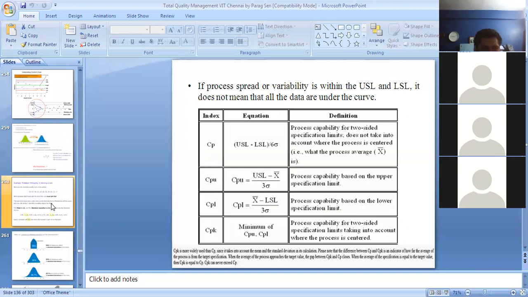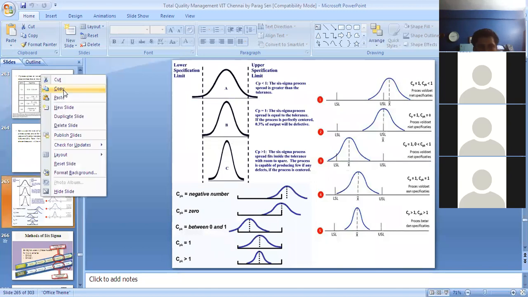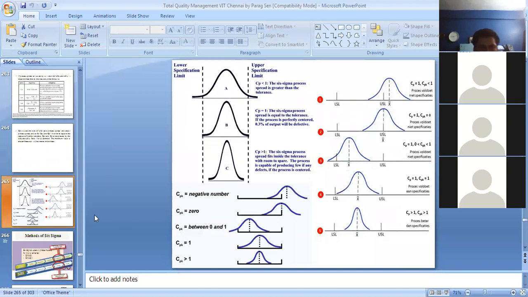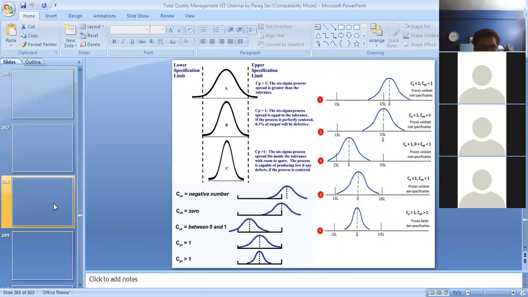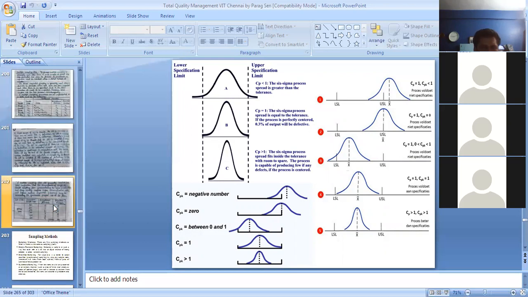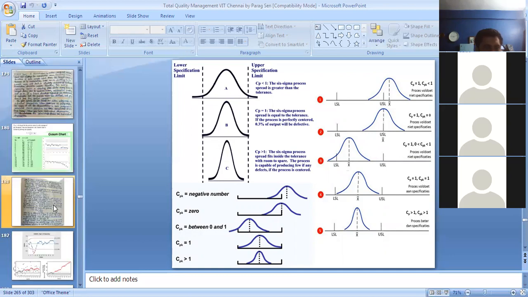There you will find different conditions of CP and Cpk provided, and they have discussed the process. So you will have to go through this. It is very easy, nothing is too difficult.